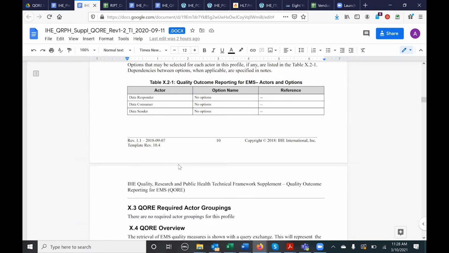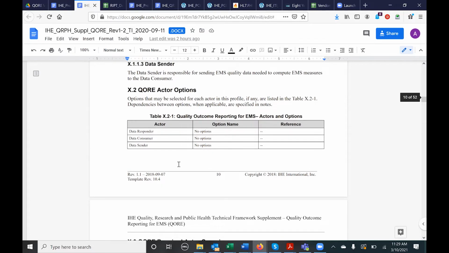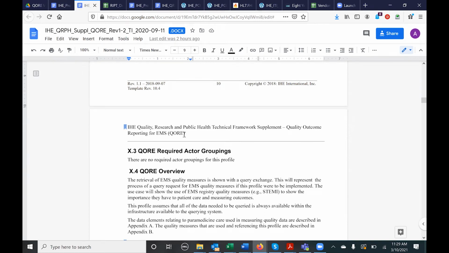It's just that you support this profile, or you don't. There's no FHIR or CDA option, etc. This is discrete data import specifically, not any view as well. So that's why we have no options here as we do in the other profiles, because it's all about the specific data elements.